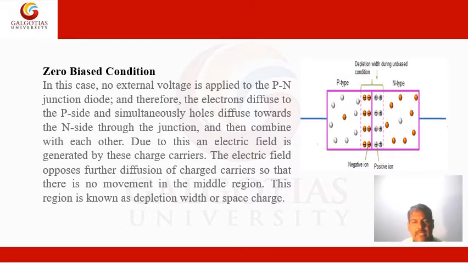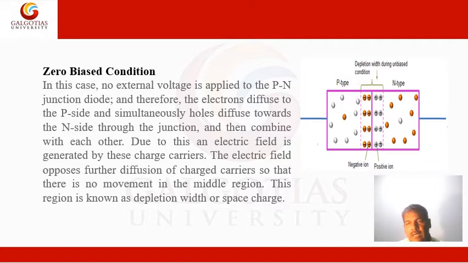Due to this, an electric field is generated by these charge carriers. The electric field opposes further diffusion of charge carriers so that there is no movement in the middle region. This region is known as depletion width or space charge region.